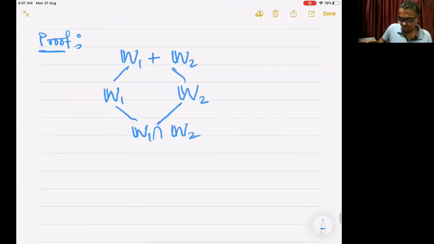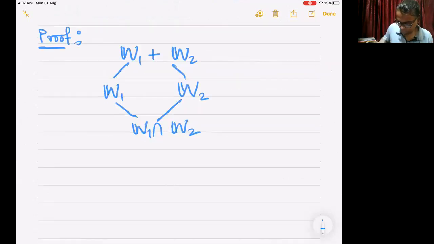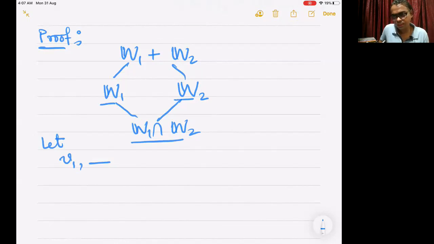Now, what we are going to do is take V1 dot dot dot. Because you see, W1 is finite dimensional, W2 is finite dimensional, and W1 intersection W2 is contained in these two finite dimensional vector spaces. So W1 intersection W2 will also be finite dimensional. All right.